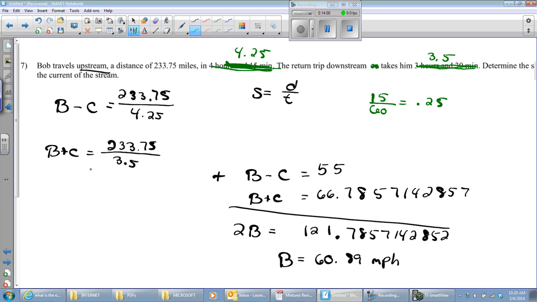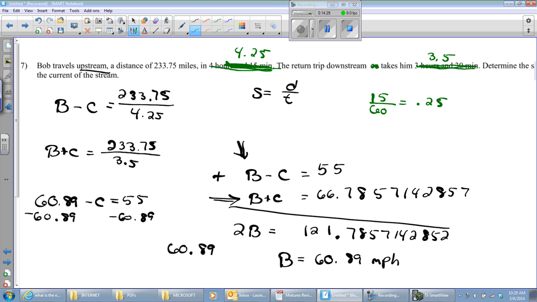So now I've got to plug this into one of the two equations. I don't think I want to put it in this one. I almost always put it in that one, but I don't want to deal with this big, long, ugly decimal. So I'm going to put it in this equation. I'll just have to remember to divide by a negative. So I'm going to have 60 and 89 hundredths minus c, which is equal to 55. I'm going to subtract this from both sides. And some of you might get bothered by that.